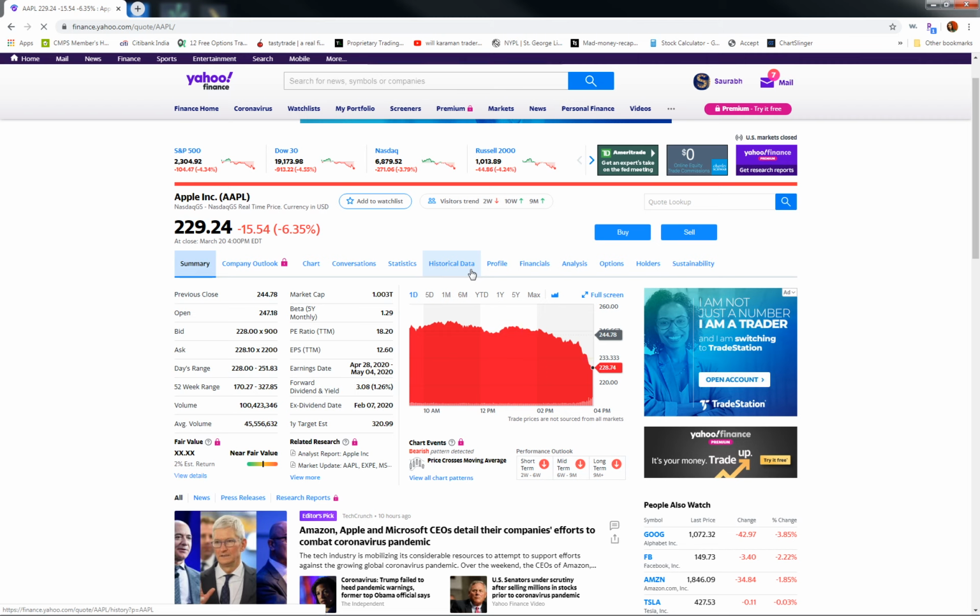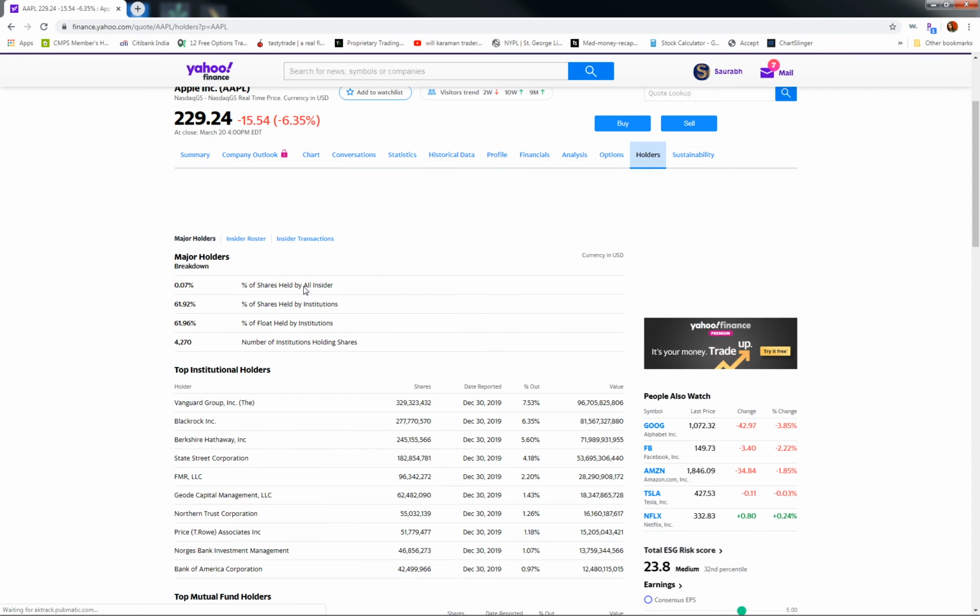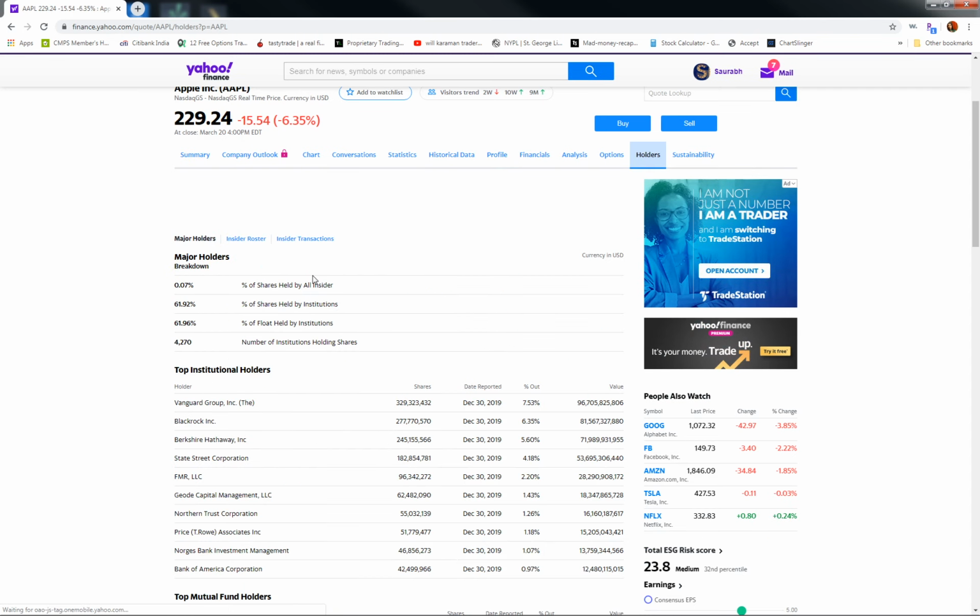The first thing I like to look at is the holders, like who are the main shareholders in that company. If you just click right here on holders, you'll see the list. It also breaks it down nicely over here: the insiders, the institutional holders, and the number of institutional shares.